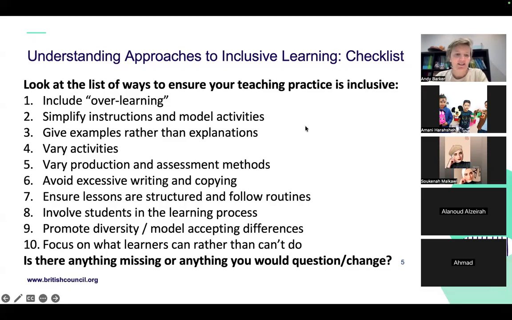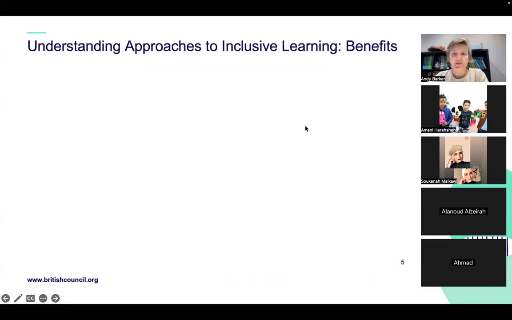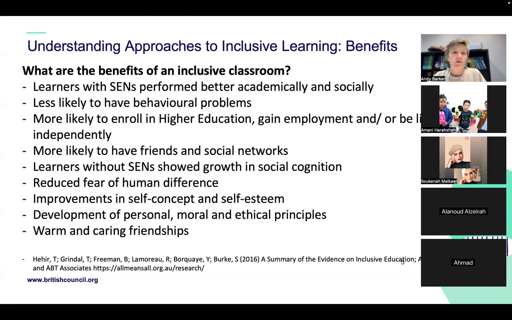No? Okay, so let's continue. So let's think about benefits. Understanding approaches to inclusive learning benefits. What are the benefits of an inclusive classroom? Just look at these ideas and see what you would like to comment on that you think is particularly interesting for you.